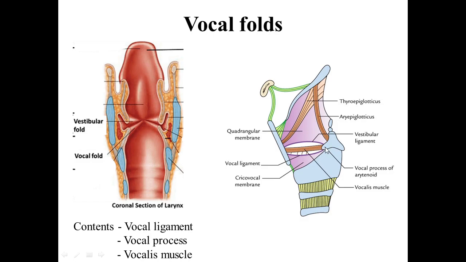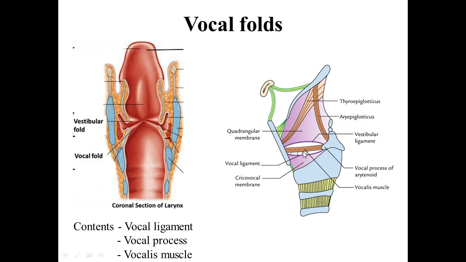This is the vocal process of arytenoid cartilage, and this vocal ligament is nothing but the upper free border of the cricovocal membrane. This is the cricovocal membrane. So the upper free border of the cricovocal membrane forms the vocal ligament, and it extends from the thyroid angle to the vocal process of arytenoid cartilage.